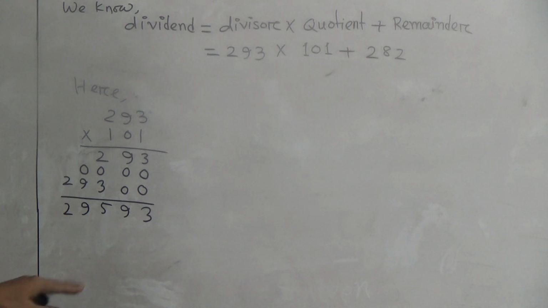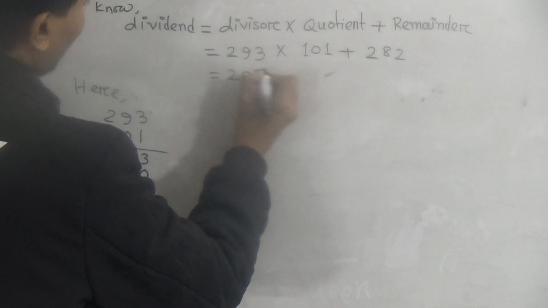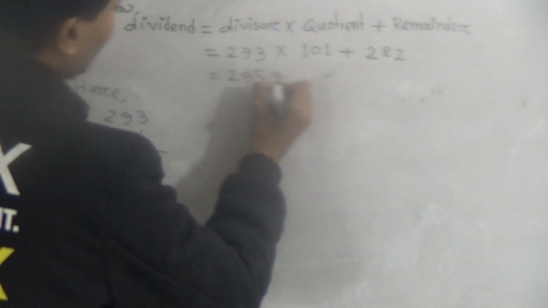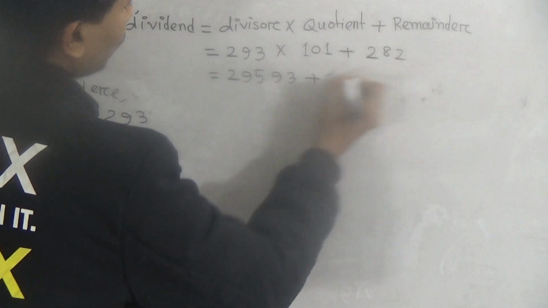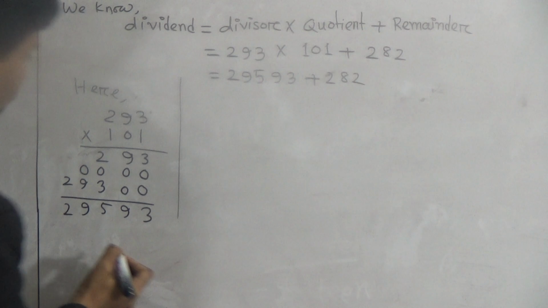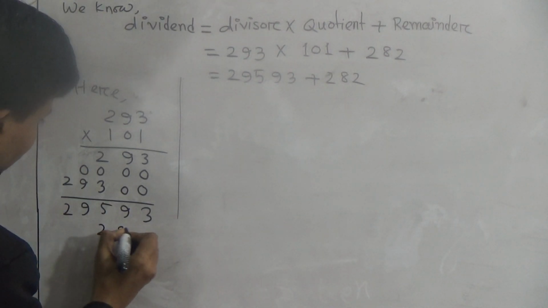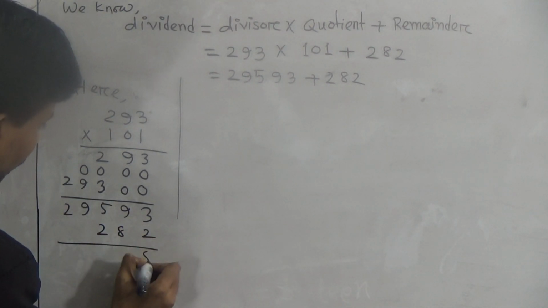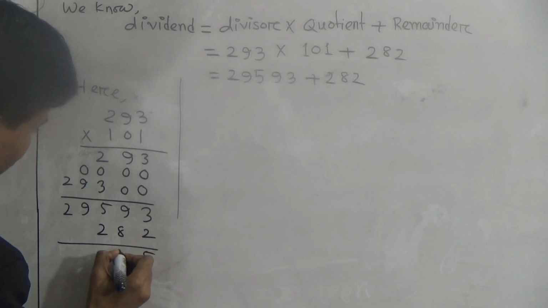Okay, student, this is the result: 29,593. Now put here 29,593 plus 282. Now 282 and plus 8.